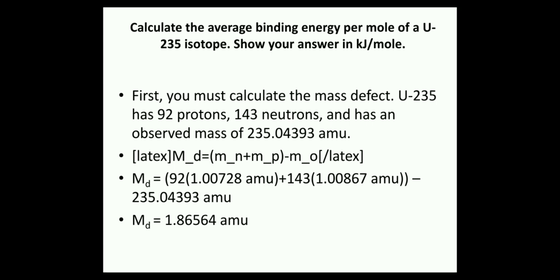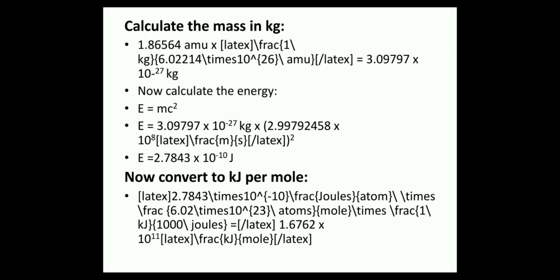To calculate the average binding energy per mole of uranium-235 isotope, we have to show the answer in kilojoules per mole. First, we are going to calculate the mass defect. Then we find that the mass defect is 1.86564 AMU, that is atomic mass unit.